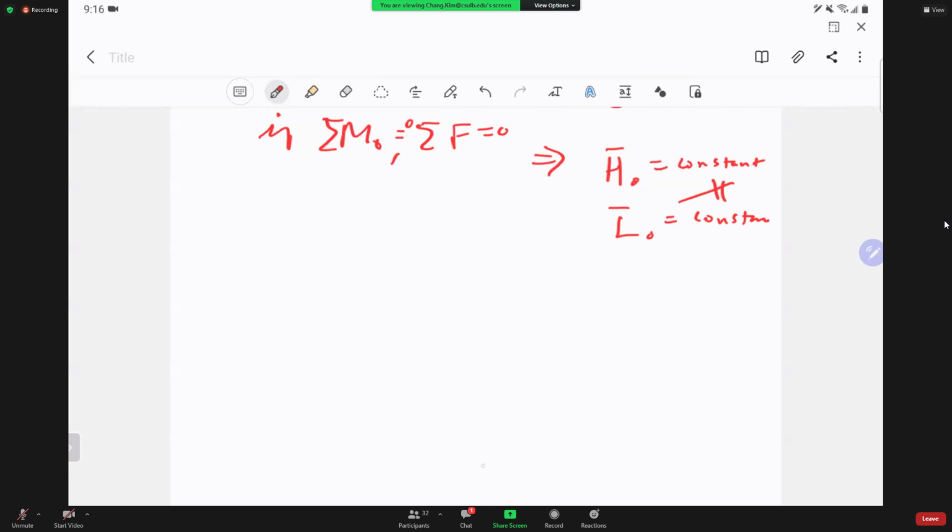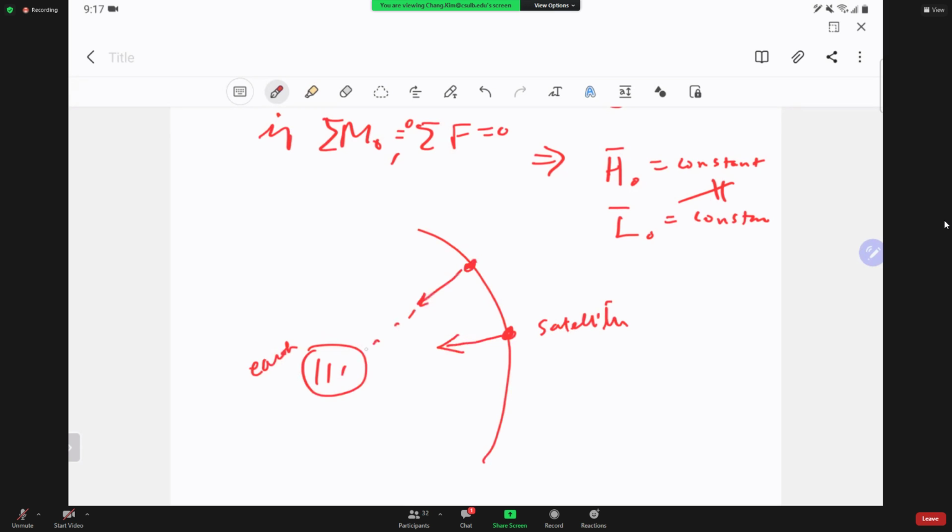Let's say we have Earth, or some satellite, or it could be the Earth moving about the sun, right? So we have a force, a gravitational kind of force, and it passes through the center.